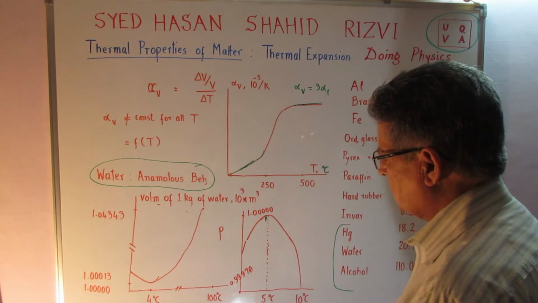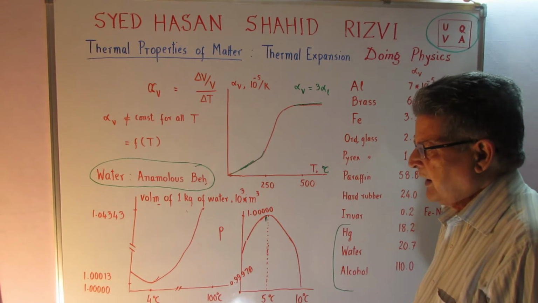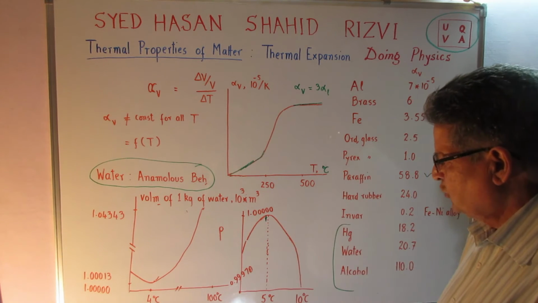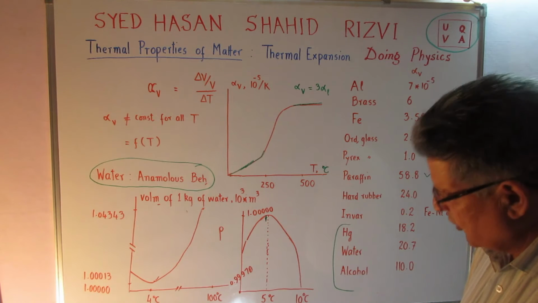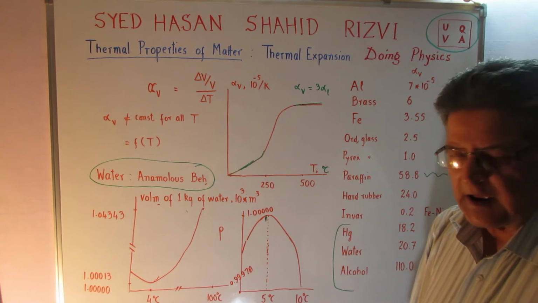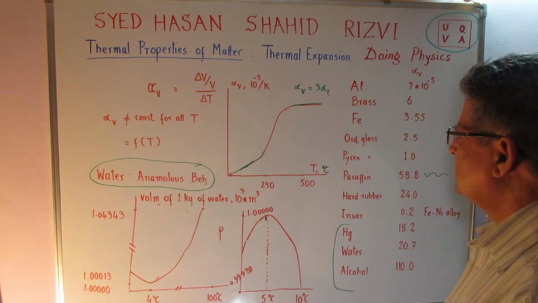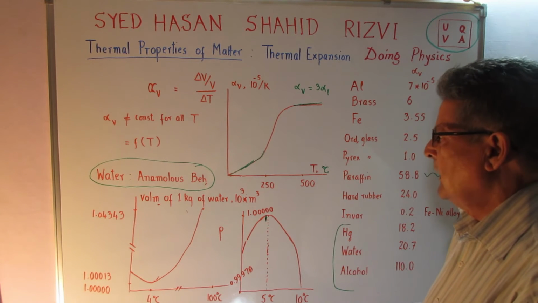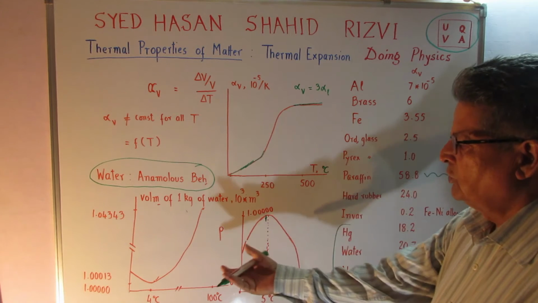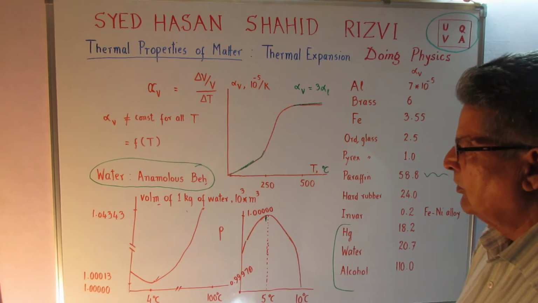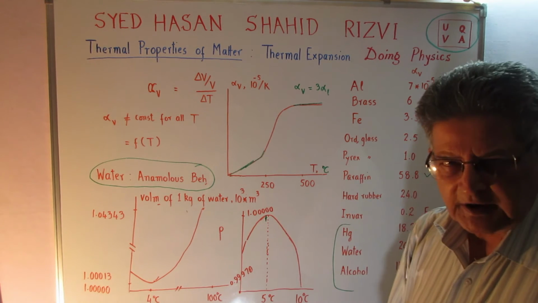The fishes and other marine objects can move inside from one place to another, and of course they can breathe the oxygen which is dissolved inside. So this is the anomalous behavior of water, which is an interesting behavior.